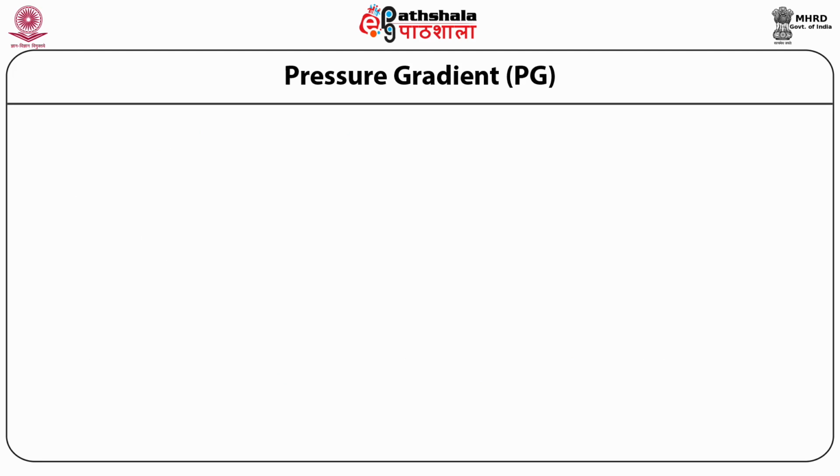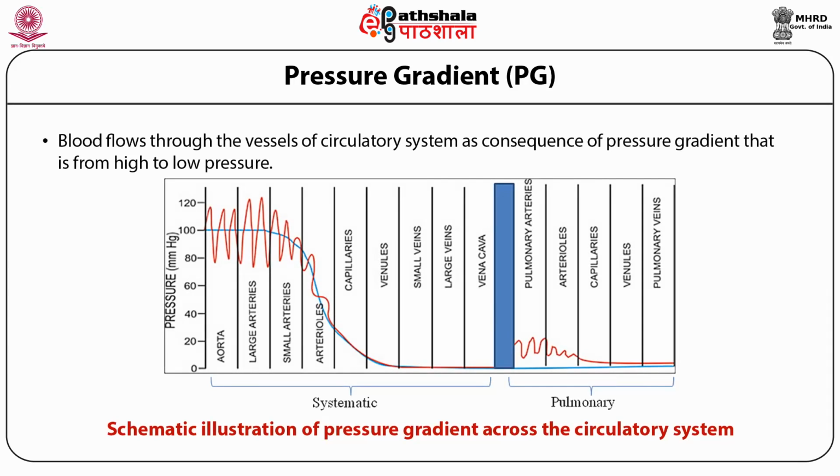Now let's see what pressure gradient is. Blood flows through the vessels of the circulatory system as a consequence of the pressure gradient, that is, from the higher pressure to the lower pressure area. For instance, during systole, that is the contraction of the heart, the left ventricle has the highest pressure while the right atrium has the lowest pressure, which drives the blood to flow throughout the systemic circulation.